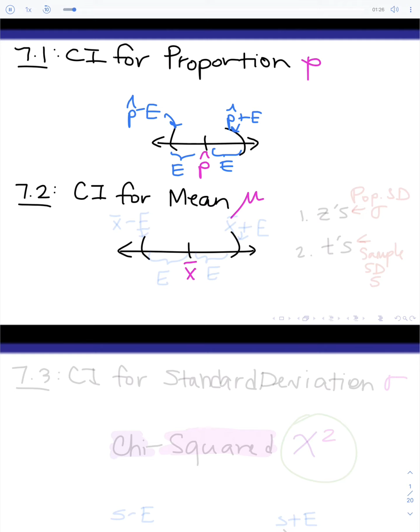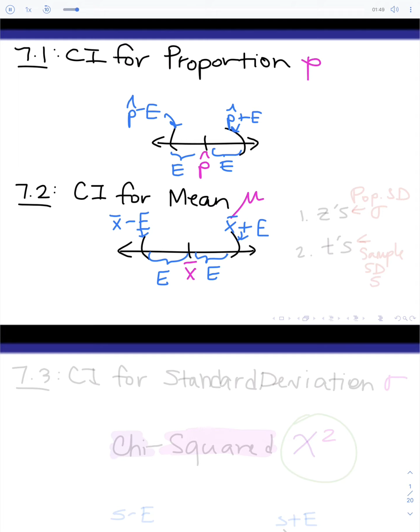You still found the error, and you took the error and added it to the sample mean, the x bar, to find the top end of your interval. And you took the sample mean x bar and subtracted the error to find the lower end of your confidence interval.